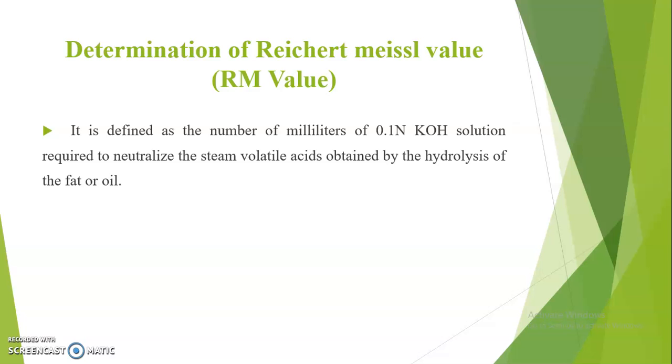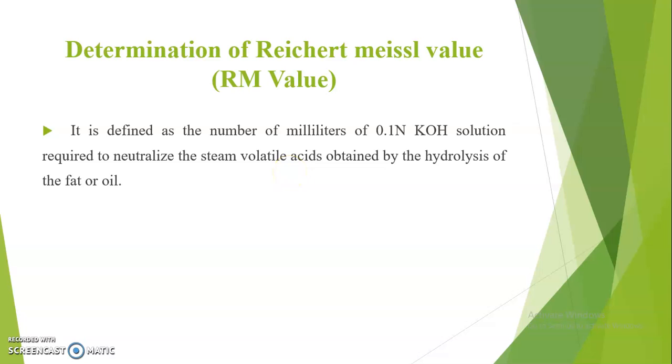Now the difference between the acid value and RM value is that in case of acid value we carry out the neutralization of free fatty acids, while in case of RM value we neutralize only volatile acids, which are obtained by the steam hydrolysis of the fat or oil sample.